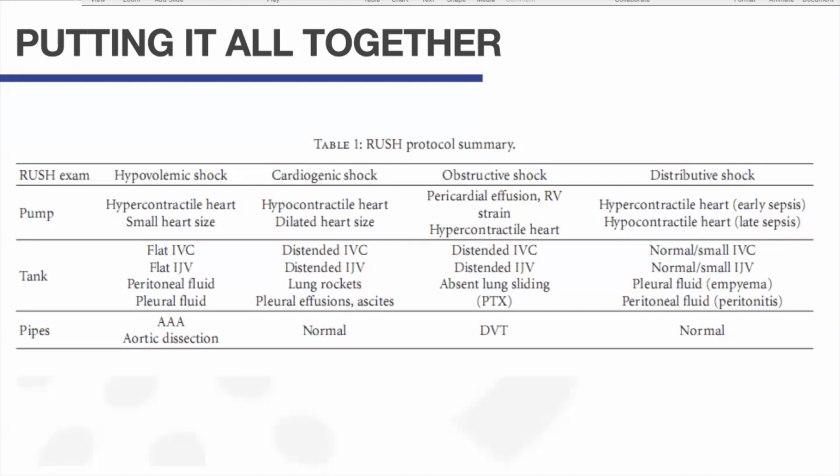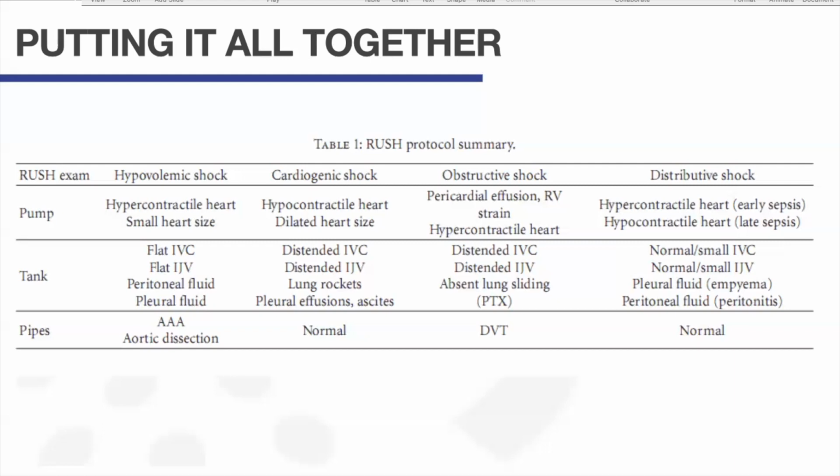In cardiogenic shock, assessment of the pump will show a hypocontractile heart with reduced ejection fraction and dilated heart size. You may have a dilated IVC, and presence of B lines, pleural effusion, and ascites.